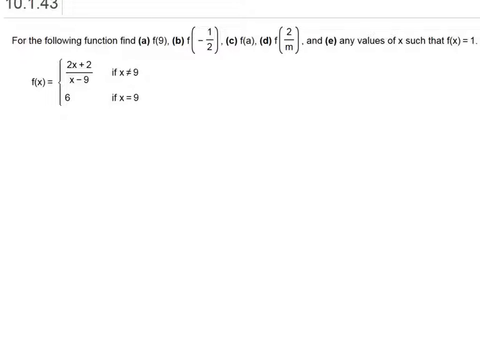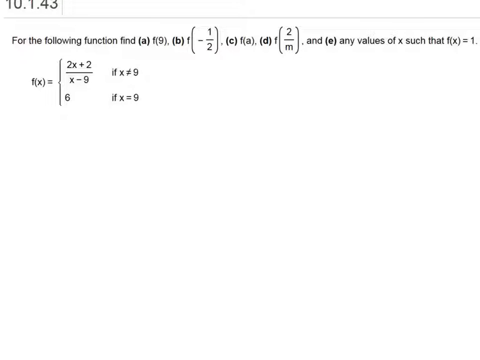So here we have a function where the function is defined by the rule 2x plus 2 divided by the quantity of x minus 9, as long as x does not equal 9. And hopefully you understand that the reason that x cannot equal 9 is because in the denominator of that function, x being 9 would cause us to have 2 times 9 plus 2 over 9 minus 9.